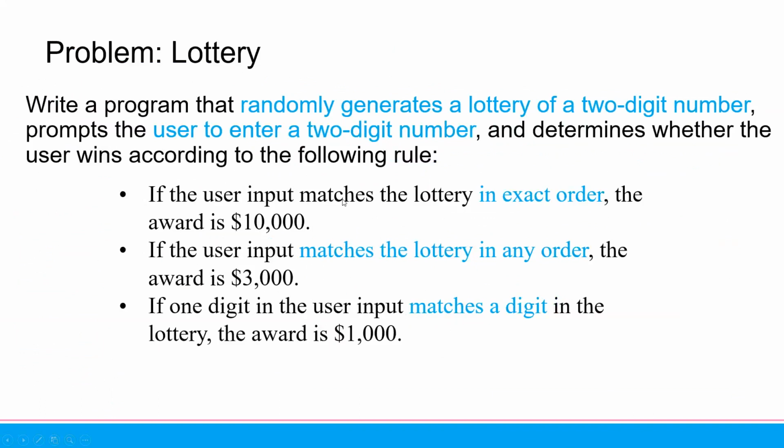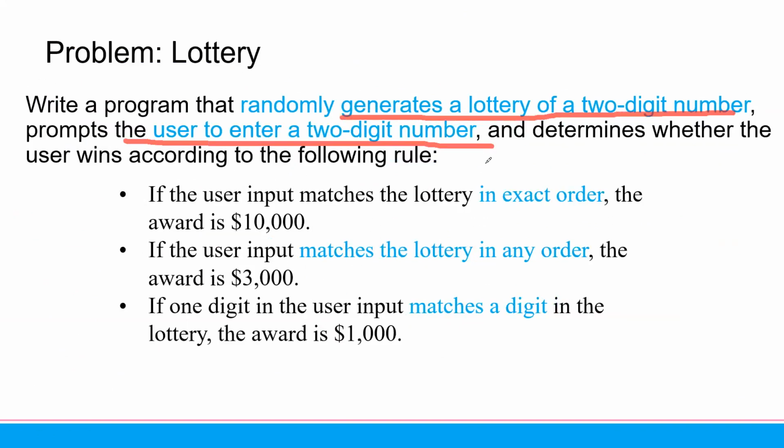So, do you play Lotto? Let's make a program similar to the Lotto. Let's write a program that randomly generates a lottery of a 2-digit number and prompts the user to enter a 2-digit number.